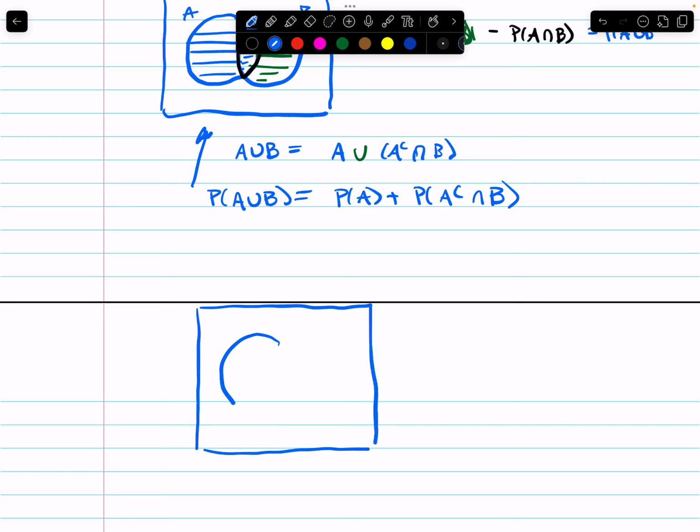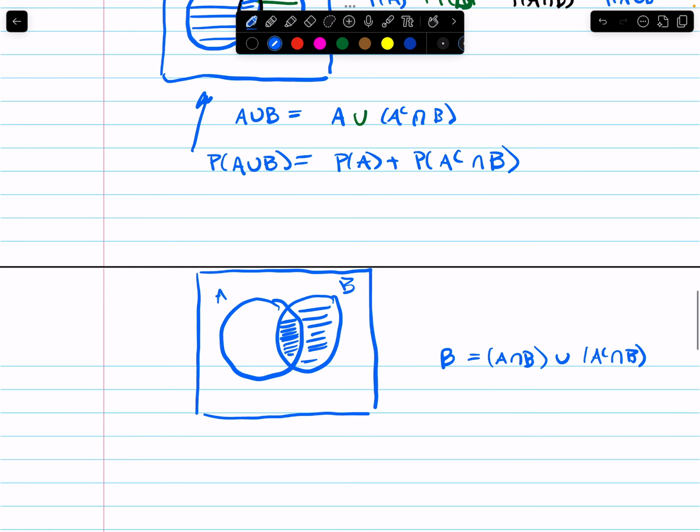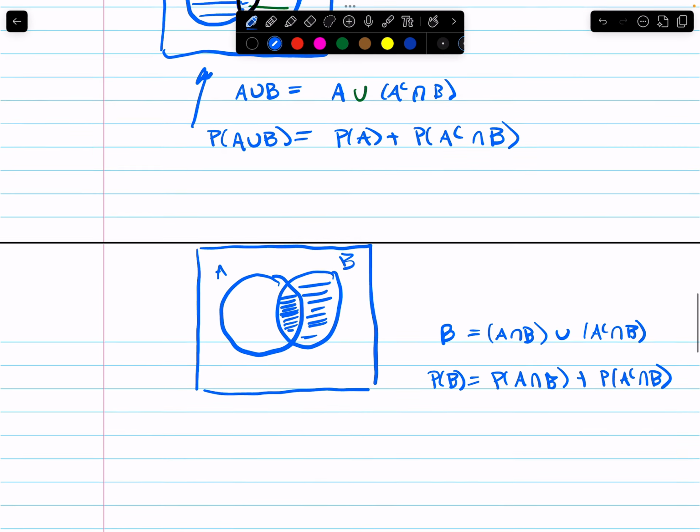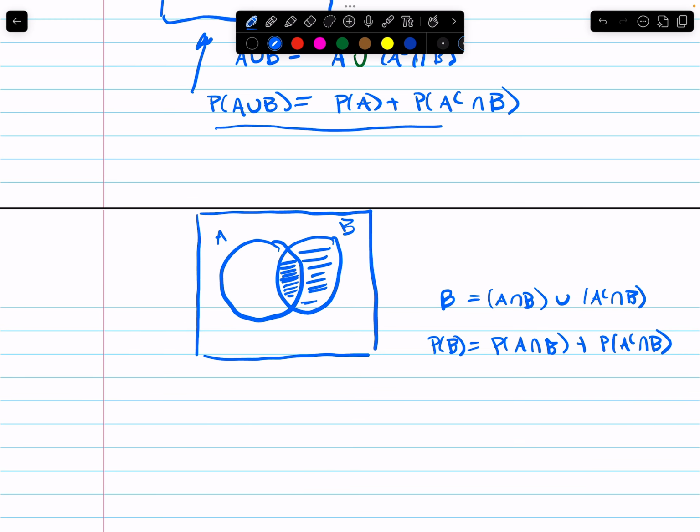We're going to write B as the union of disjoint sets relative to A. So B can be expressed as A and B union not A and B. So I've written B as the union of disjoint sets, which means the probability of B is equal to the probability of A intersect B plus the probability of not A intersect B. Now, I'm going to solve for this down below.